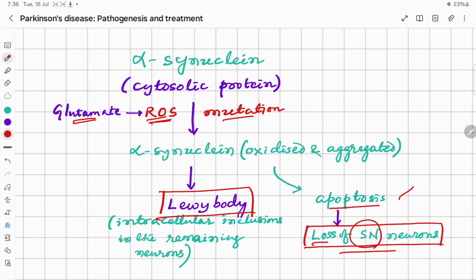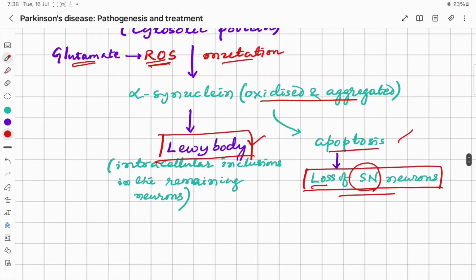In the remaining neurons, these oxidized and aggregated forms of alpha synuclein, called Lewy bodies, are present. So loss of substantia nigra neurons and presence of Lewy bodies in the remaining neurons are the hallmark pathology of Parkinson's disease in its final stages.